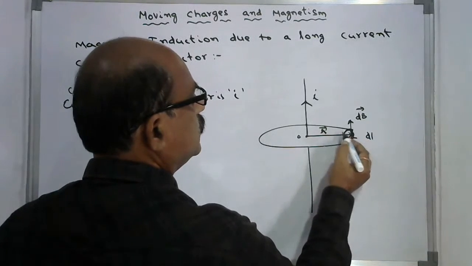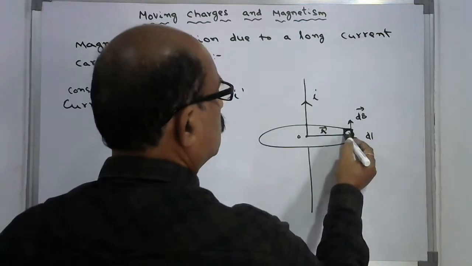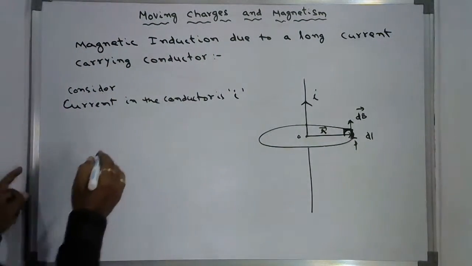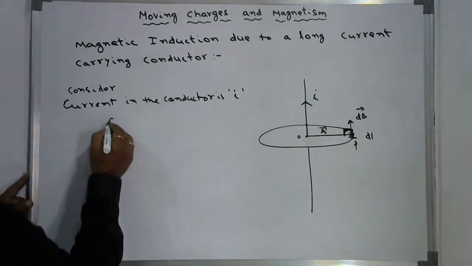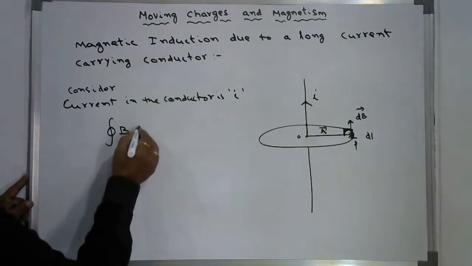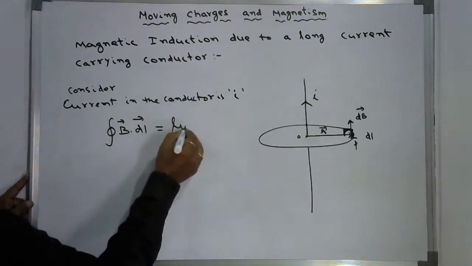It is 90 degrees. As you know, the closed integral B dot dl according to Ampere's law is mu naught I.